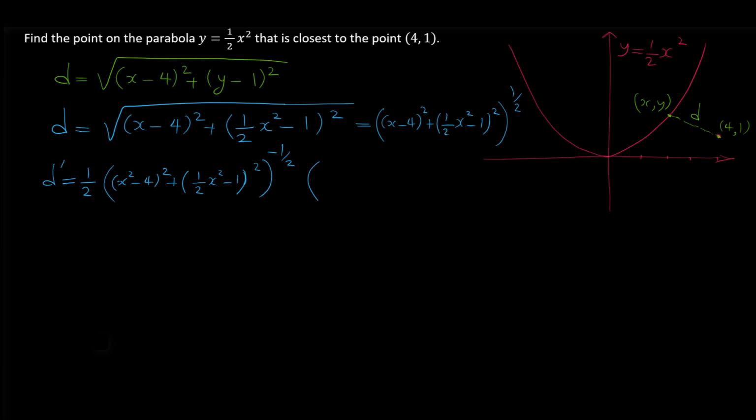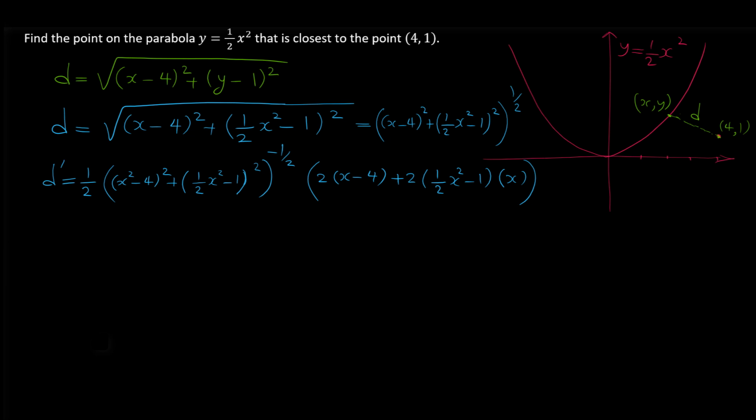And then multiply by the derivative of the inside of the bracket. The derivative of the inside is 2 times (x minus 4) plus 2 times (1/2 x to the 2 minus 1) to the power of 1 times the derivative of the inside, which is x. If you remember, this part is exactly the same expression that we got from the other derivative.